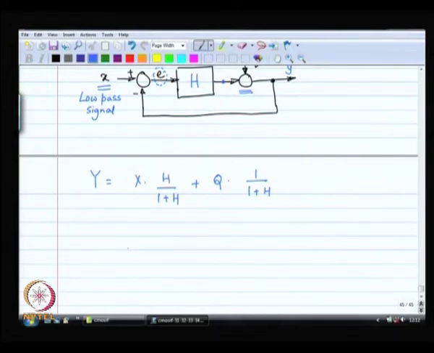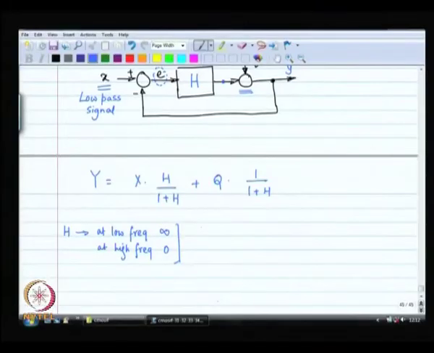Now, suppose H is such that at low frequencies it is infinitely large and at high frequencies it is 0. Right? That is an integrator for you. At low frequencies, at DC, it is infinitely large, and at high frequencies it is equal to 0.